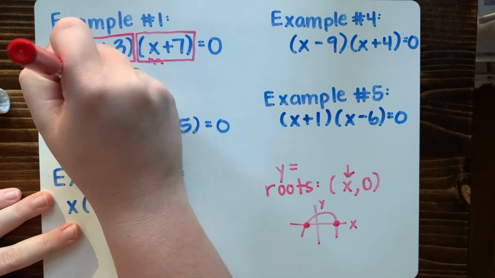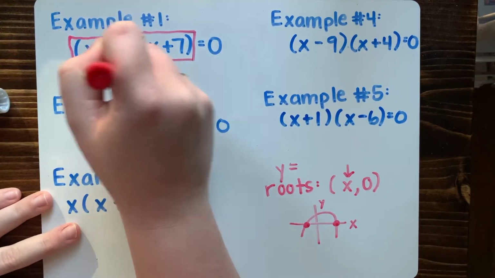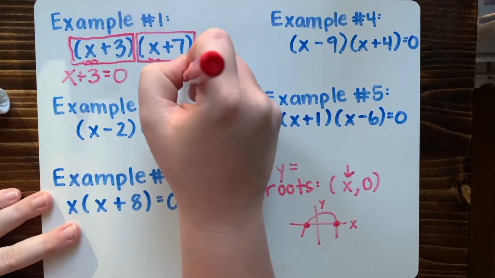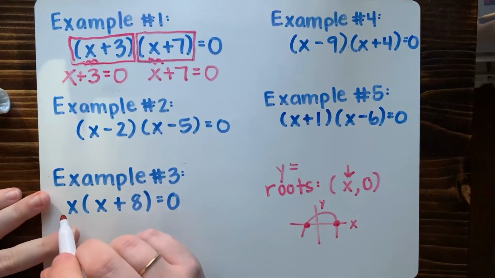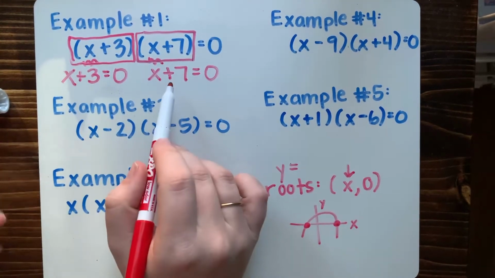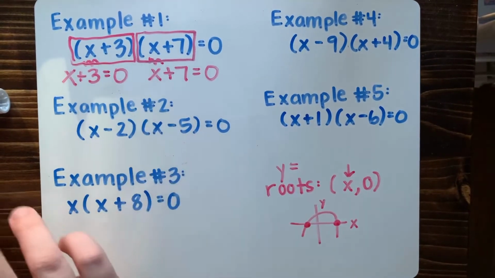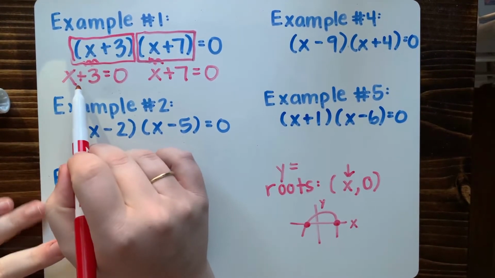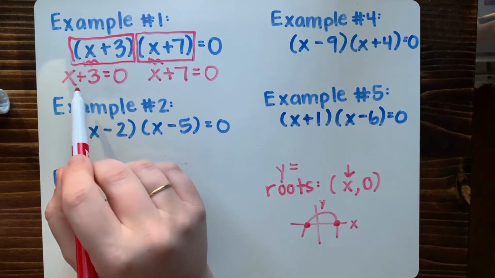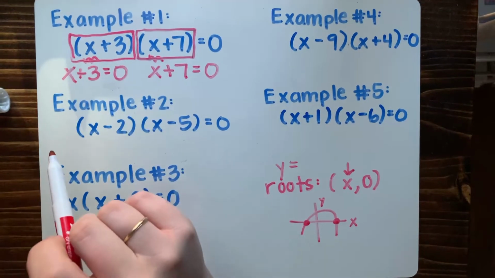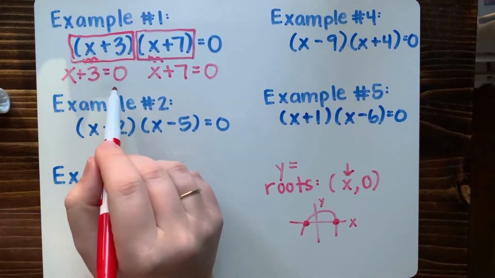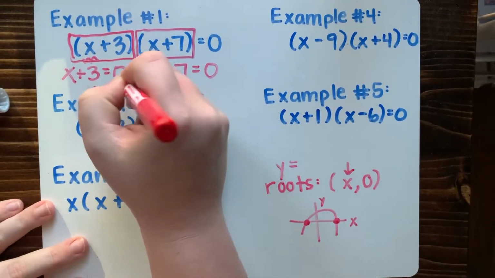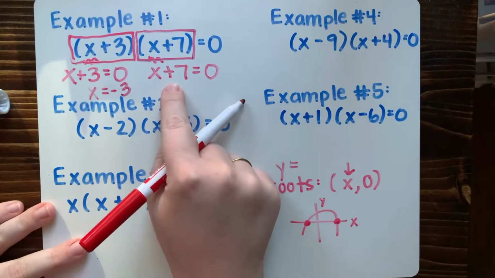So if x plus 3 is equal to 0, what will that equal? And then if x plus 7 is equal to 0, what does that make x equal? So now we have two pretty simple linear equations to solve. In this case, you can just think, what number plus 3 equals 0? Or you can subtract 3 from both sides. Either way, we get x equals -3. Same thing here.